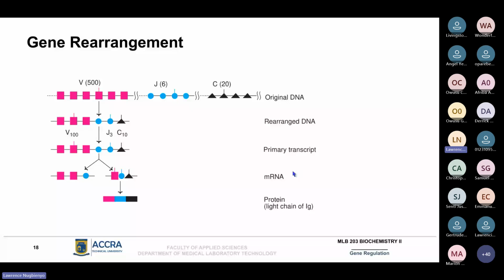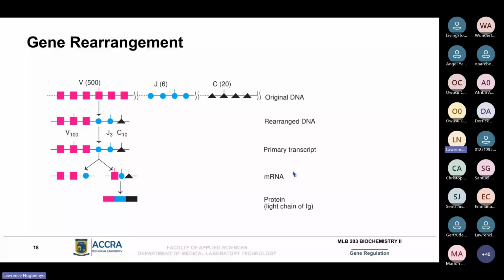Such a way is also a form of gene regulation, so that you have diverse proteins which will have different functions in such a biological system. That is referred to as a form of gene regulation, gene rearrangement. In many biochemistry books, you see it being referred to as gene recombination.